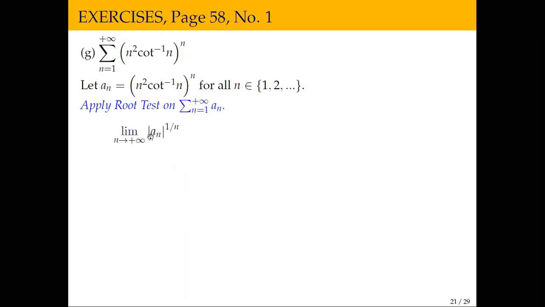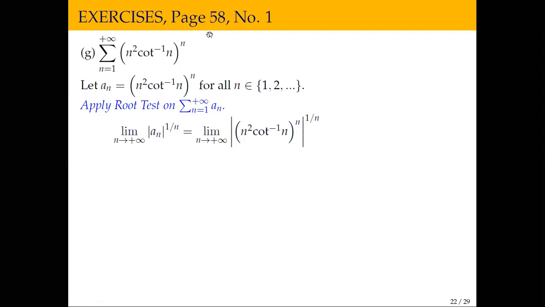Applying the root test, we have to look for the limit of the absolute value of a sub n raised to 1 over n as n goes to positive infinity. Again, if it turned out to be less than 1, then we say that this infinite series converges, absolutely convergent to be precise.